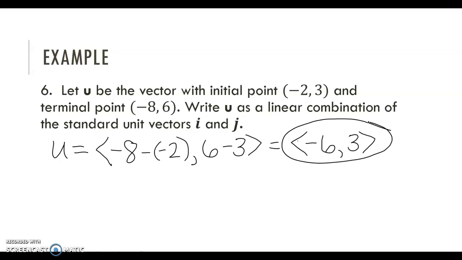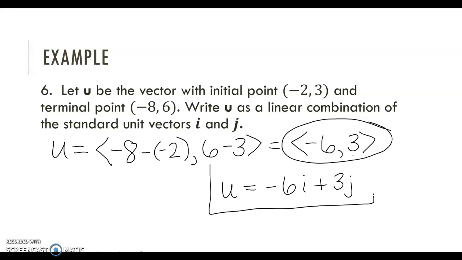So there's the component form of my vector u. Changing that to be in terms of i and j, the -6 will go with i because it's in the same position, and 3 will go with j. And so vector u can be written as -6i plus 3j.